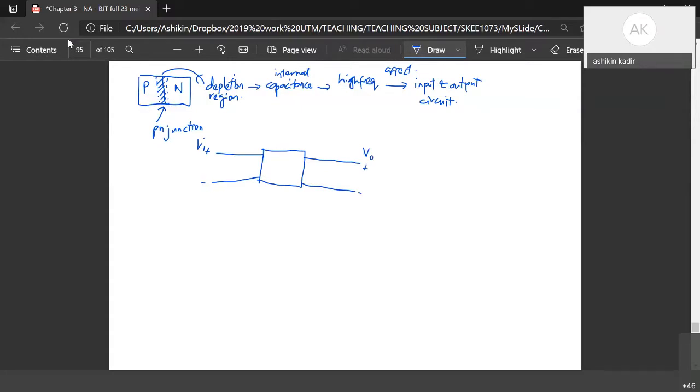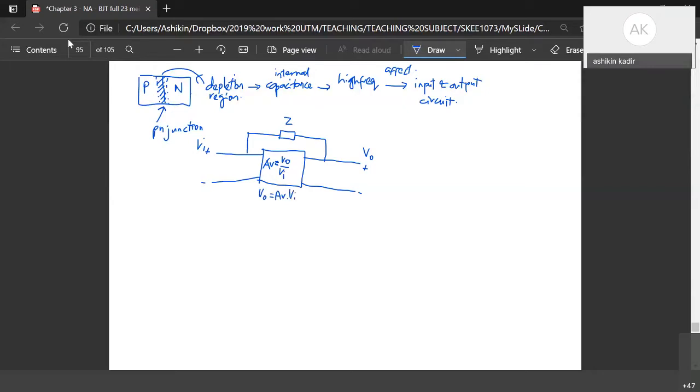The internal capacitance we can denote with Z impedance, or you can denote it with C, but here I want to use Z. Our device has the gain AV, where AV equals V out over V in. We have learned this. So V out equals AV multiplied by V in.